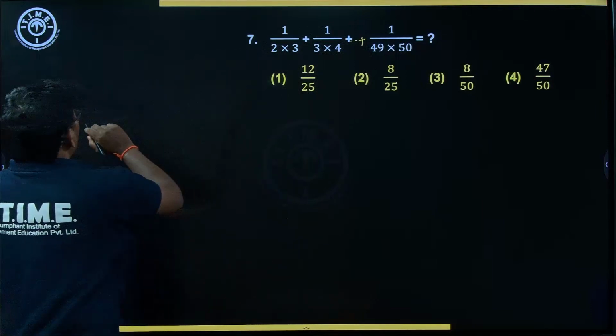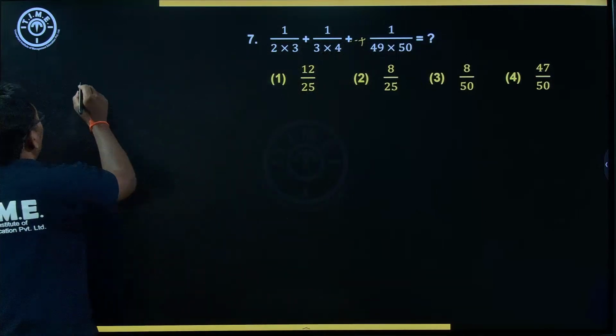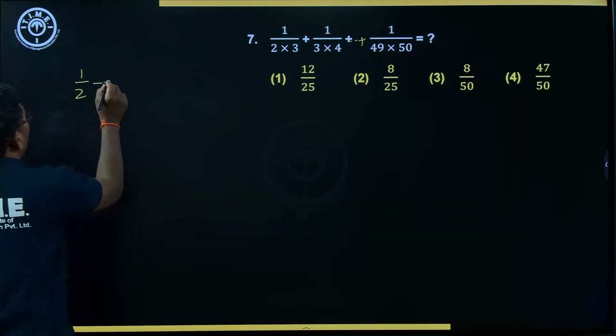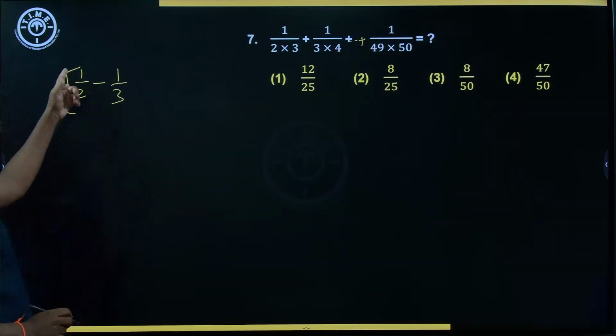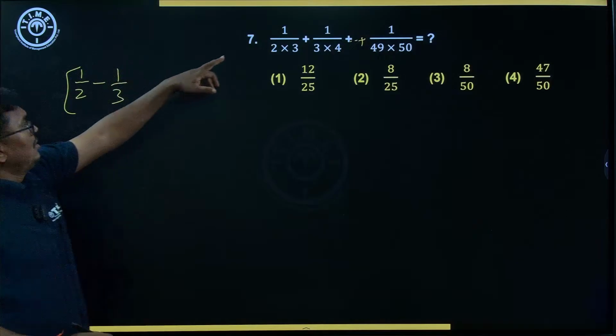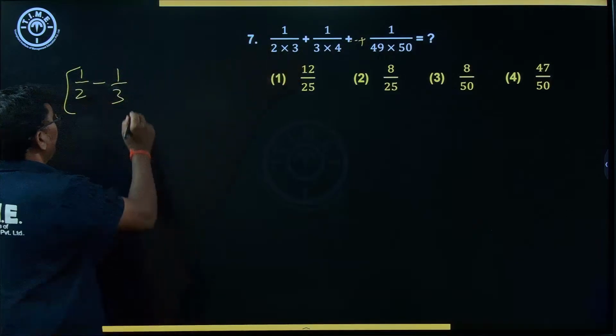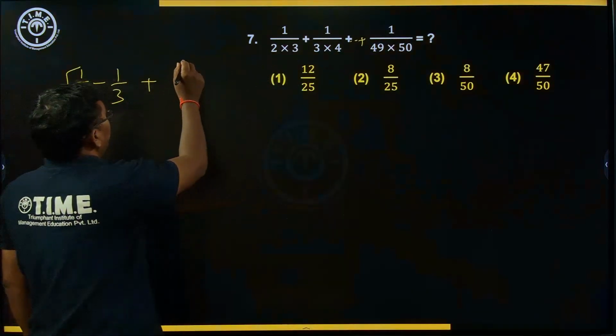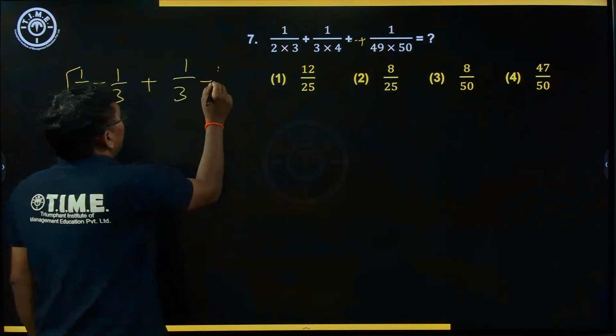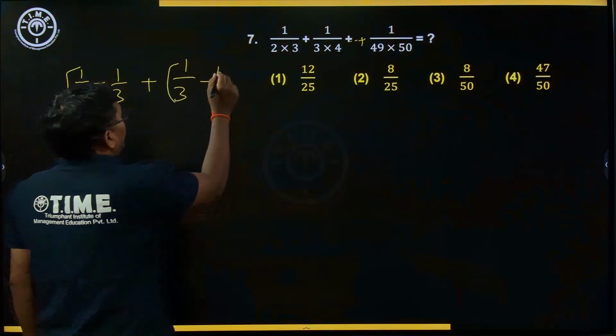This can be written as 1 by 2 into 3 equals 1 by 2 minus 1 by 3. If you simplify this, 3 minus 2, we get 1 by 2 into 3. The second term, 1 by 3 into 4, can be written as 1 by 3 minus 1 by 4, right?